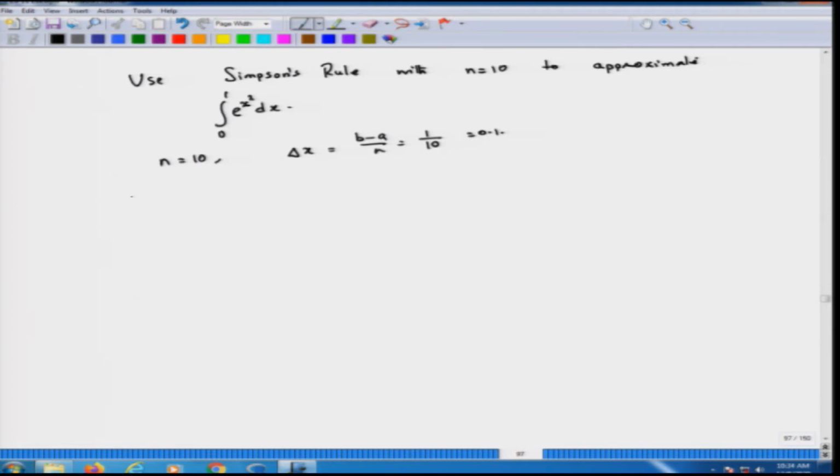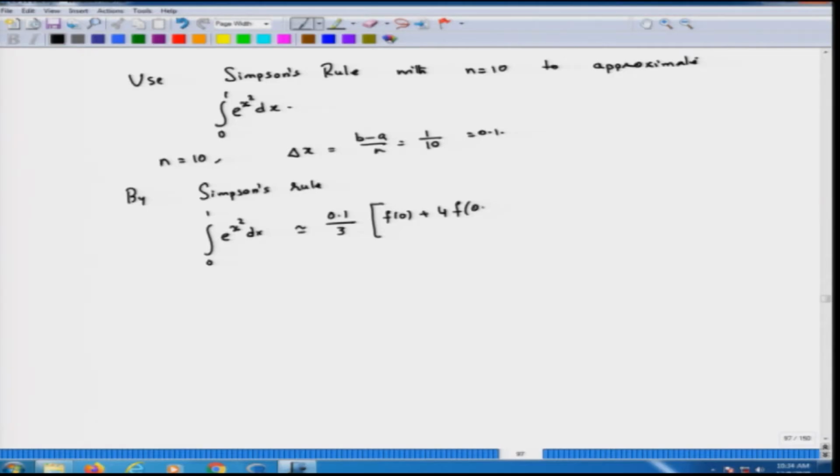Okay. Then by Simpson's rule, the integral from 0 to 1 of e to the power x square dx is approximately 0.1 divided by 3, this is h by 3 that we have got, times f of 0 plus 4 times f of x1. h is 0.1, and I am starting with x naught to be 0, so x1 is going to be 0.1.